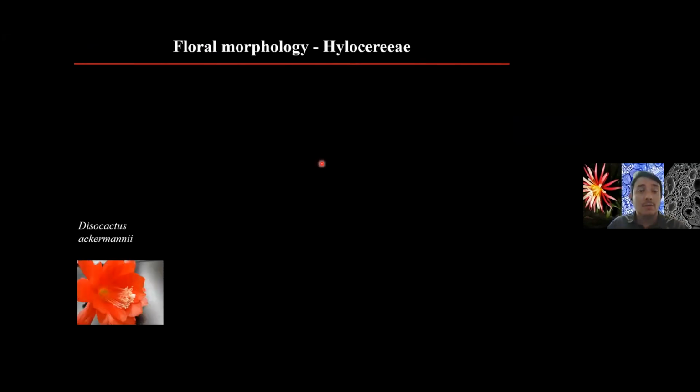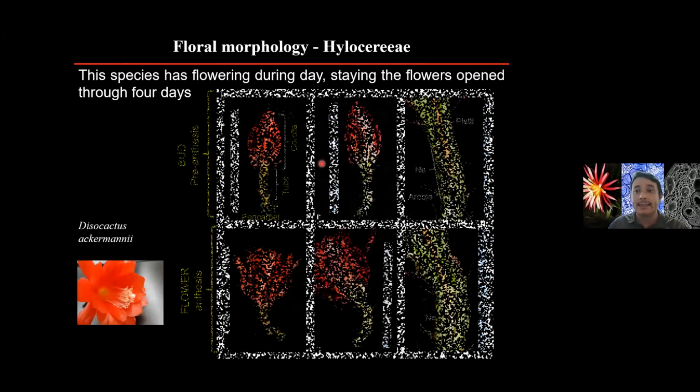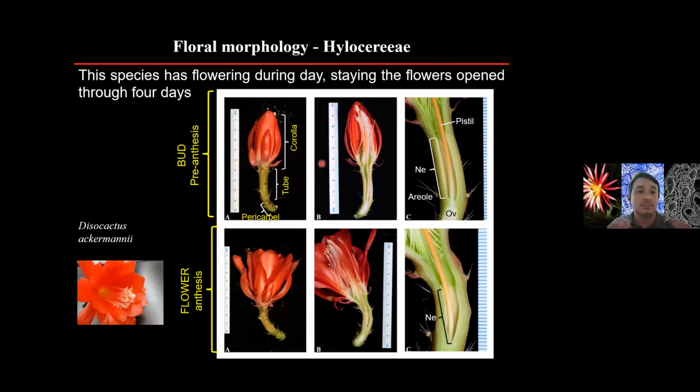So now I will try to show you the profile of the floral morphology in some cacti species. I will start with the tribe Hylocereeae, and then go to the Hypsalid, and then see if I can make it clear for you guys. This species, Disocactus ackermannii, has a beautiful flower.